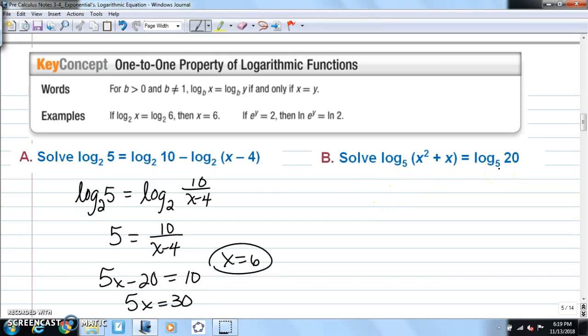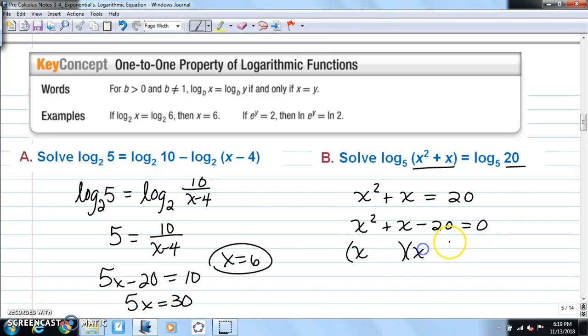Let's try this one. So this one, I have log base 5 of a quantity equals log base 5 of a quantity. Well, I already have single logarithms equal to each other. So I know x squared plus x has to equal 20. Move the 20 over and factor. So this factors into 2 factors of negative 20 that add up to a positive 1.